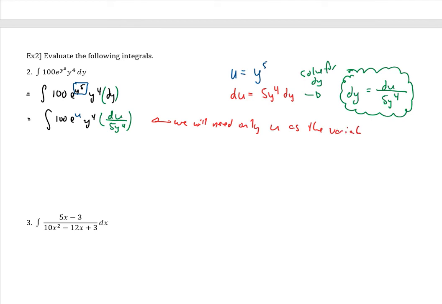So we need to simplify this. And usually things cancel out nicely. I'm going to highlight the y to the 4 and the y to the 4 do divide. So those would just cancel out and be gone. And then the 5 and the 100 would simplify to be 20. So let's rewrite this as the integral of 20 e to the u du. Okay, so that's how this all simplifies.